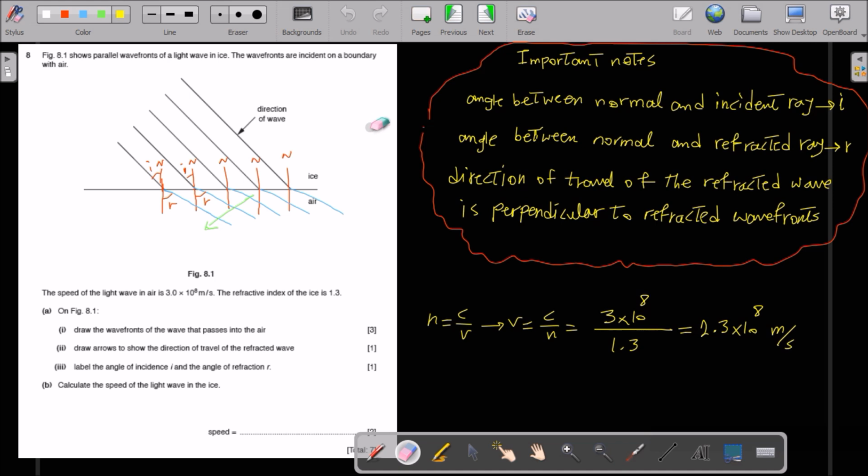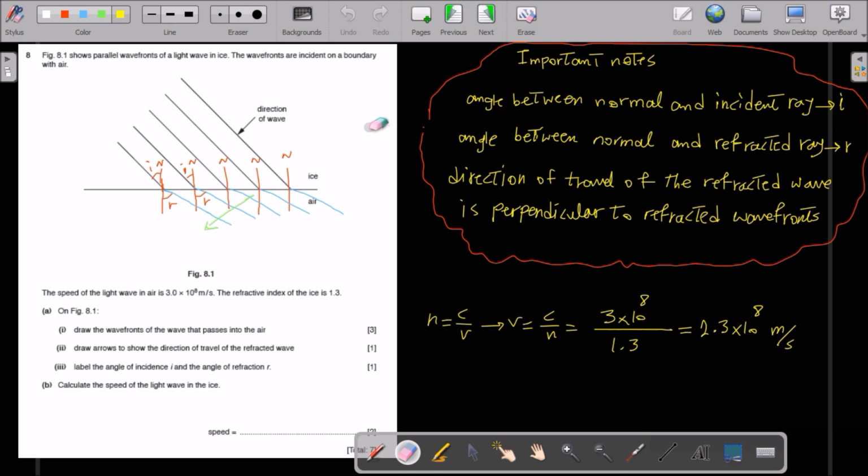Then the refracted ray goes away from normal compared to the incident ray. Why? Because ice is denser compared to air. That's why when a wave goes from a denser medium to a less dense medium, it goes away from normal.